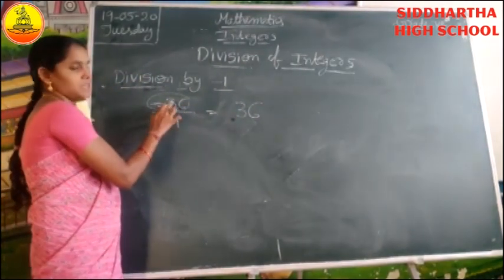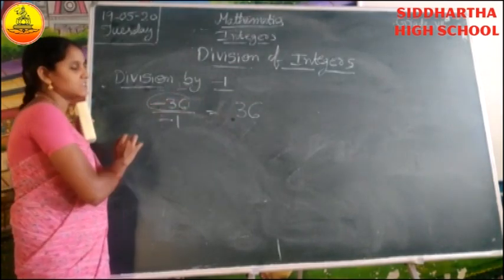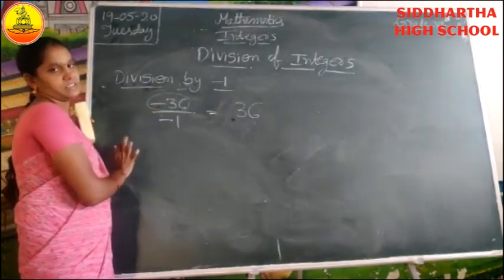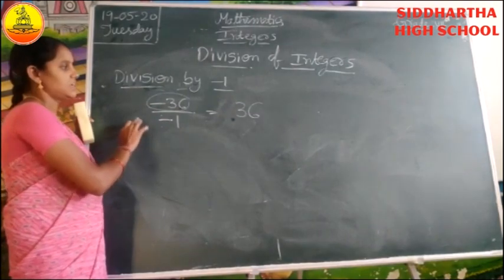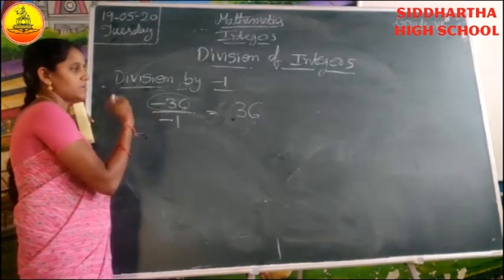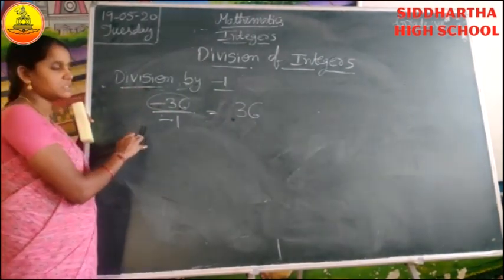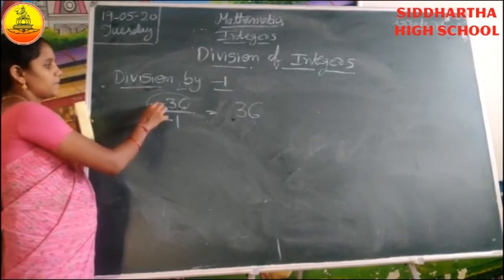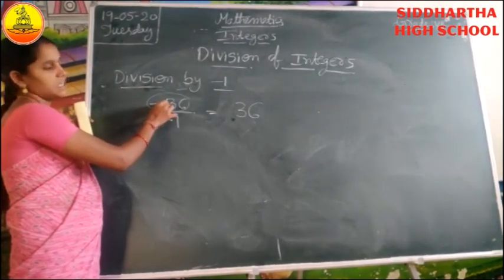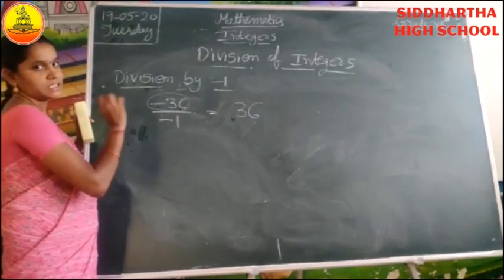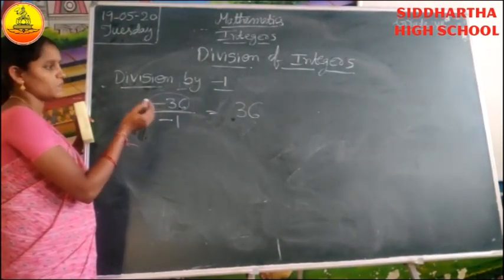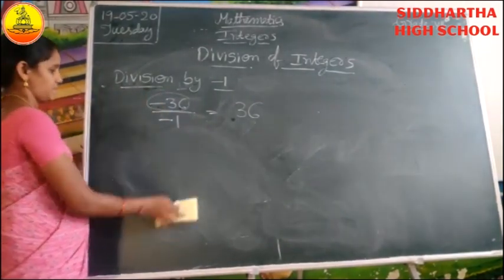Same number will be there but a change in the signs. That means you will get its additive inverse as the answer. What is additive inverse? That one I did not tell you. In the next class I will explain what additive inverse is. The additive inverse of minus 36 is plus 36, and of plus 36 is minus 36. Only a change in the signs will be there.